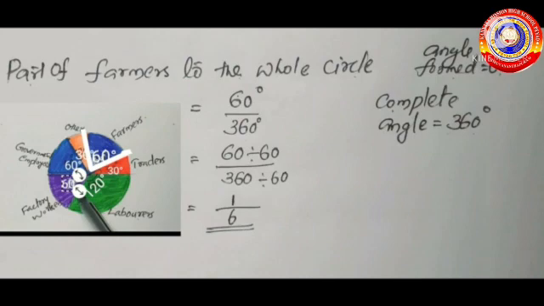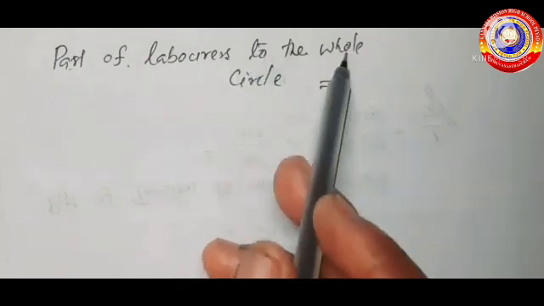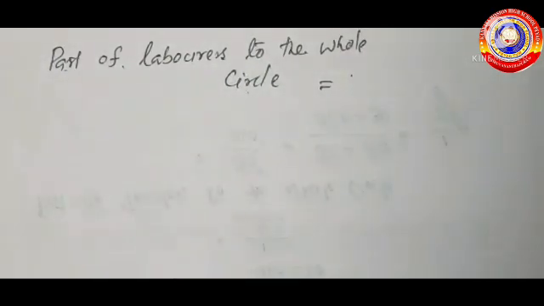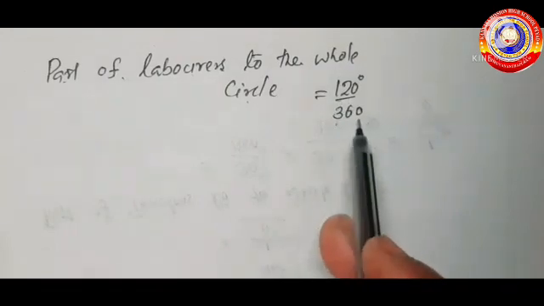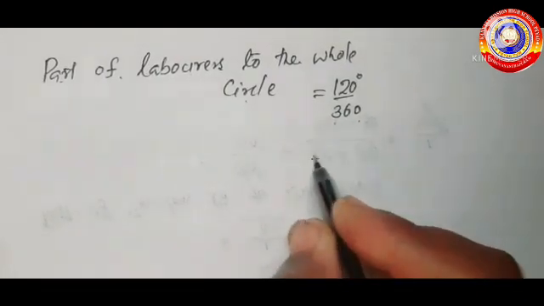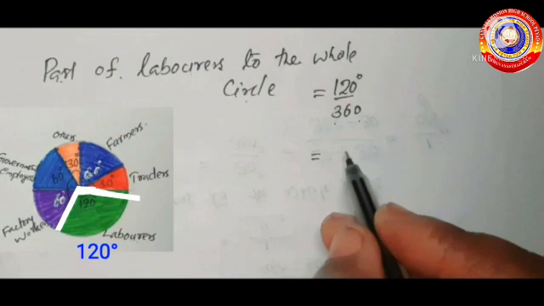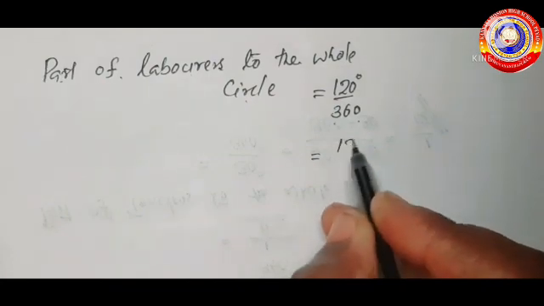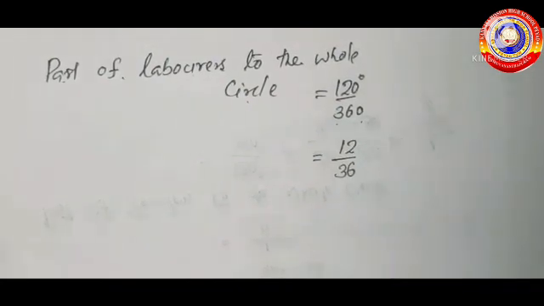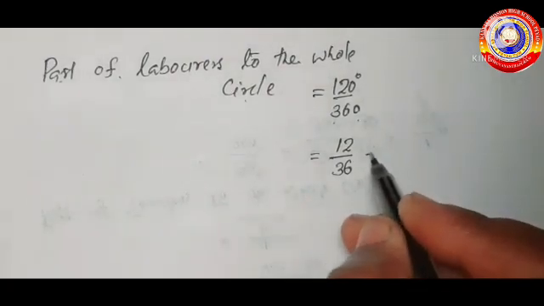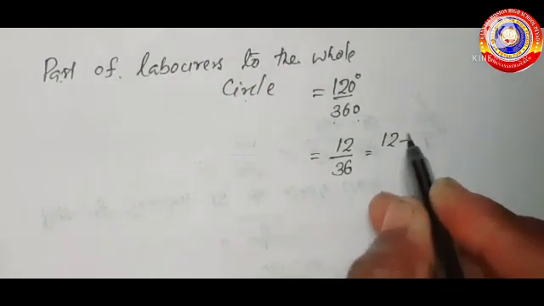Next we have to find the part of laborers to the whole circle. The angle formed by the part of laborers is equal to 120 degrees. And the angle around a complete circle is 360 degrees. So it becomes 120 divided by 360. In simplest form, we divide by 10, which is equal to 12 divided by 36.